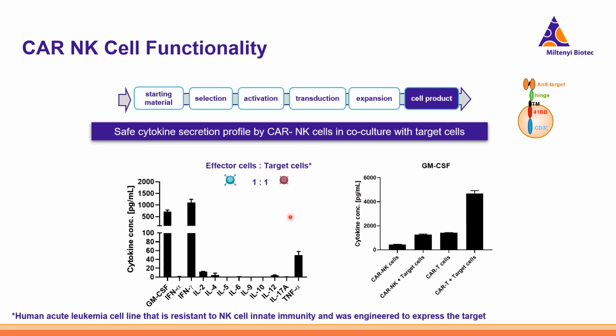If we look at a bigger array of cytokines, you can see that natural killer cells, as they are also known, are safe. So it's mostly those three here that are being secreted. And interestingly, CAR T cells actually secrete higher levels of cytokines in comparison to CAR NK cells. This is shown here at the example of GM-CSF. Here the CAR T cells and here the CAR NK cells.